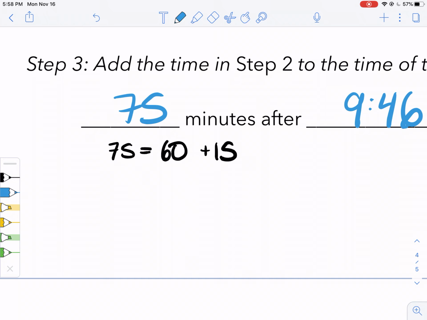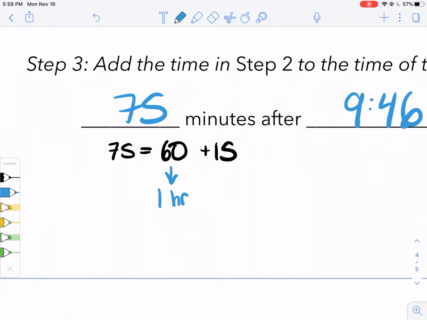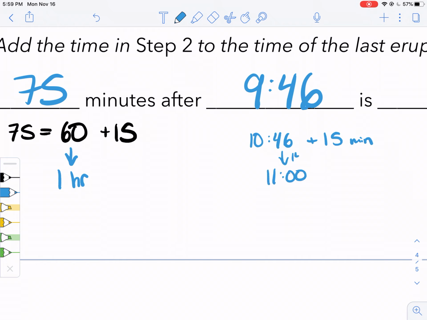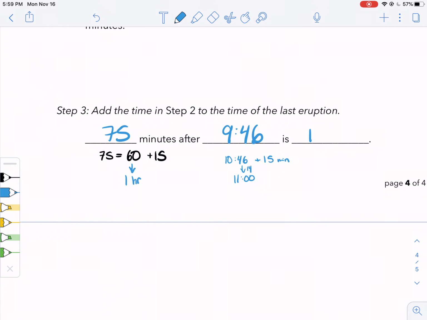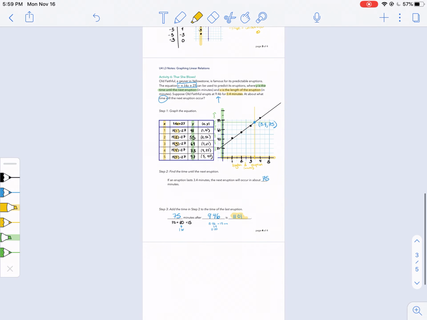And 60 minutes is 1 hour. So let's add an hour first, and then let's add 15 minutes. An hour would give us 10:46, but then we still need to add 15 minutes. 14 minutes will get us to 11, so it's going to be 11:01. So our next eruption will occur at 11:01.